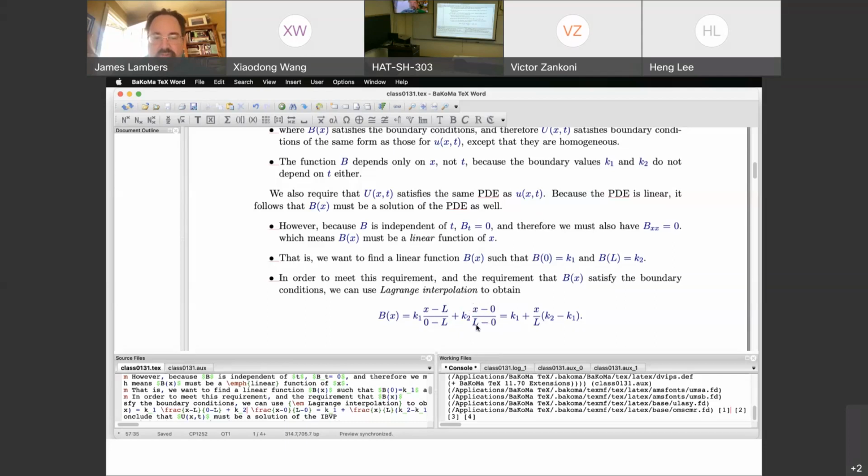So that technique works in general. And then all I've done over here is simplify everything I have, and this is what I get. So you can see here, if I plug in x equals 0, all this goes away and I get k1. If I plug in x equals L, this fraction will cancel, the k1s will cancel, and I get k2.